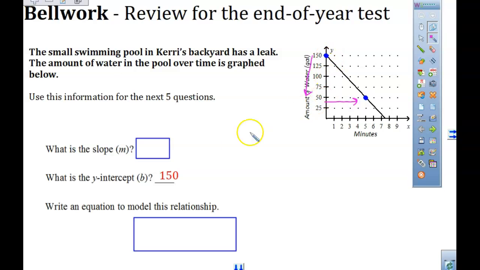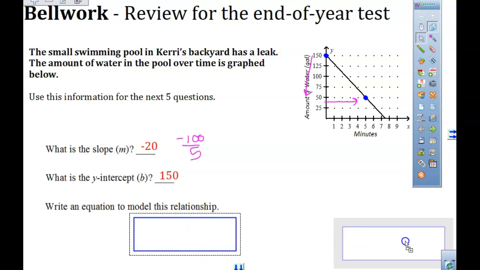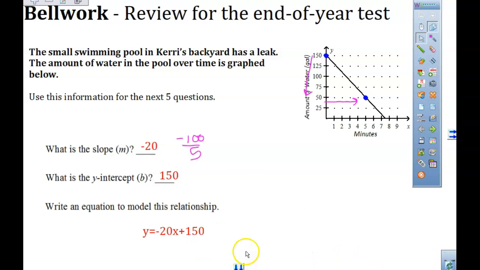So from 150 to 50, we are going down 100 and over from 0 over to 5, divided by 5. So as I'm taking a look at my slope in this case, it is going to be negative 20. I'm going to write my equation, y equals negative 20x plus 150. Also thinking about what those things mean.